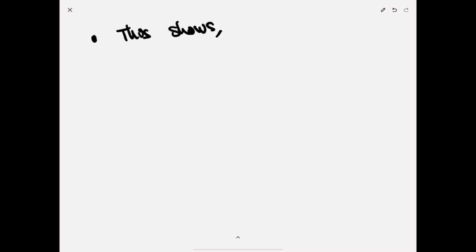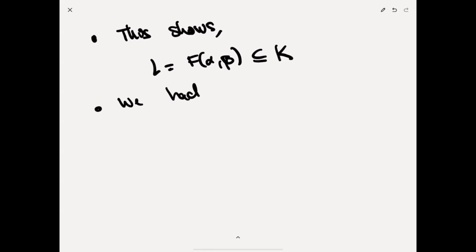All right, so this shows that, since we have alpha and beta, L, which is F(alpha, beta), is contained in K. And we had that K was contained in L. This is essentially for free. It was one of these intermediate things.